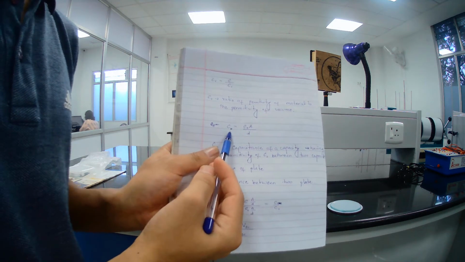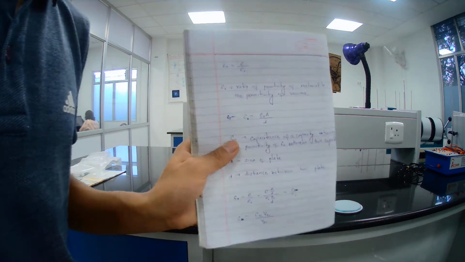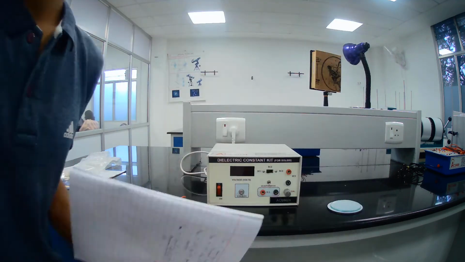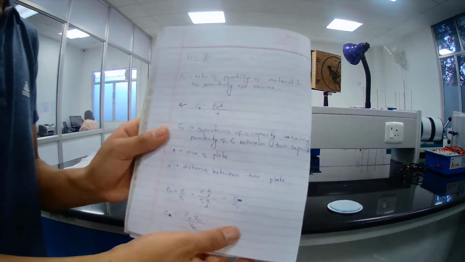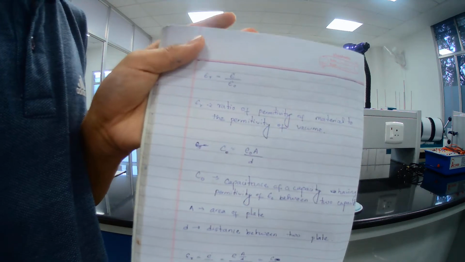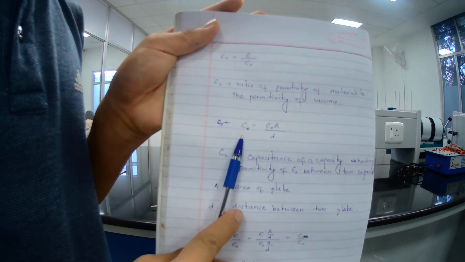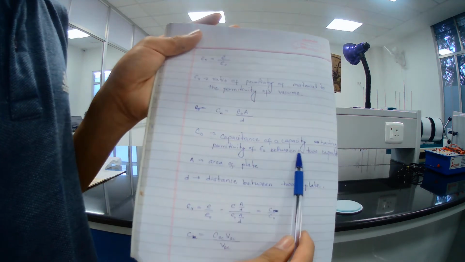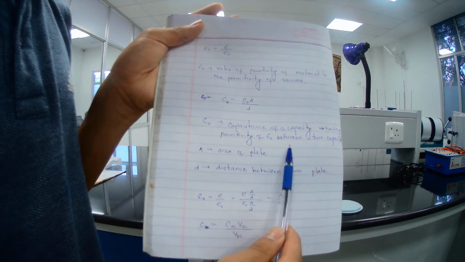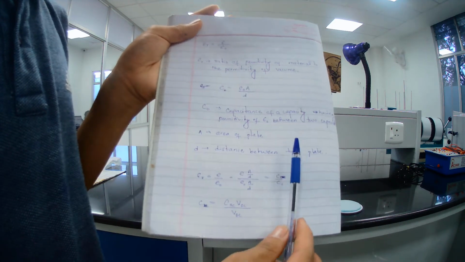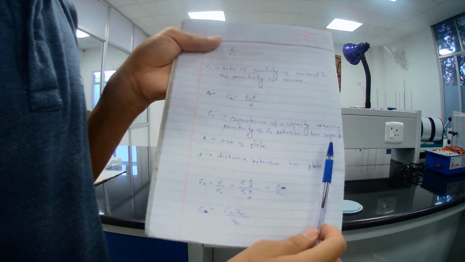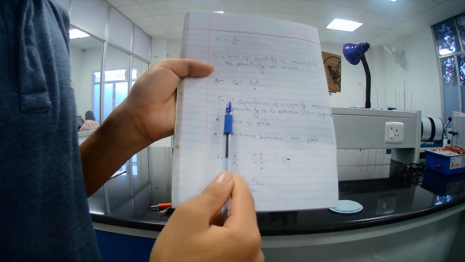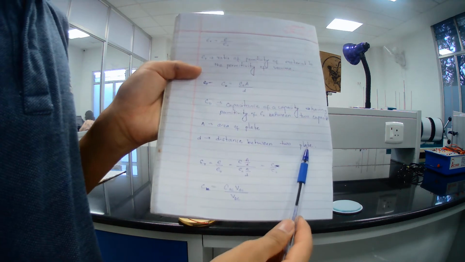Suppose this is the capacitance of a capacitor having permittivity E0 between the two plates of the capacitor, where A is the area and D is the distance between the two plates.